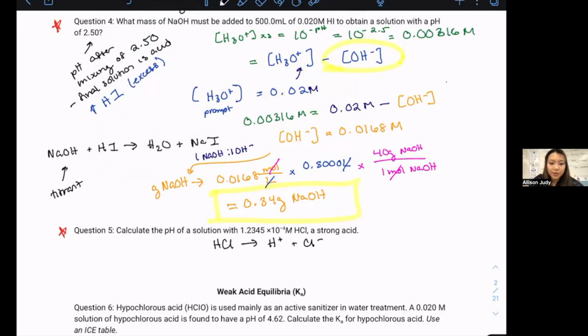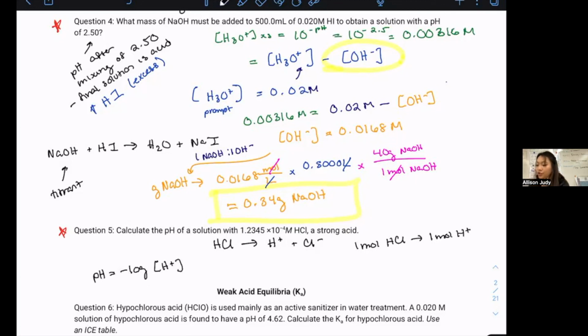Okay, and so what you have to do is just use the manipulation that pH is equal to negative log of the concentration of H plus, and HCl is in a 1-to-1 ratio, right? For every 1 mole of HCl, you're going to get 1 mole of H plus.